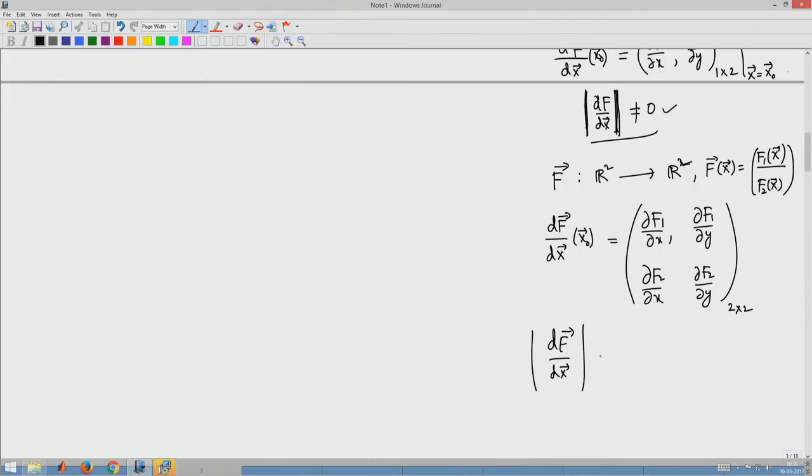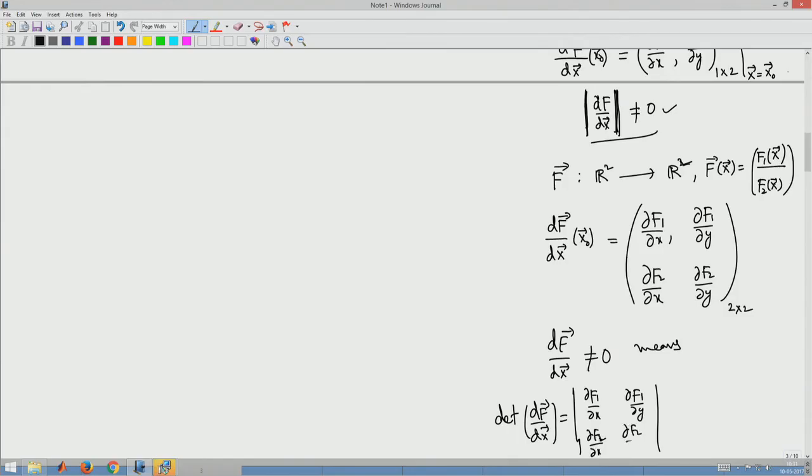This is the determinant of this matrix, and this is non-zero means the determinant of df bar by dx bar, which is dou f1 by dou x, dou f1 by dou y, dou f2 by dou x, dou f2 by dou y, has to be non-zero, that you can calculate, right.